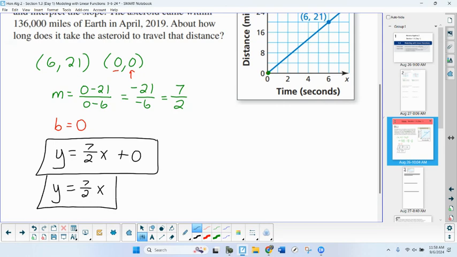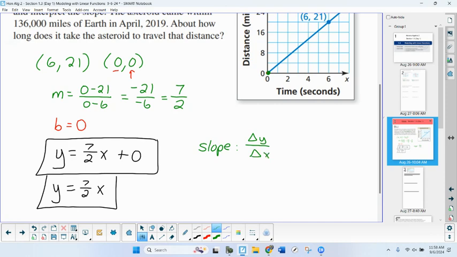Okay, questions so far? Next thing it asks you to do is interpret the slope. That means, what did the slope mean? Well, remember, slope was rise over run, or change in y over change in x. This delta y over delta x, that means change in y.